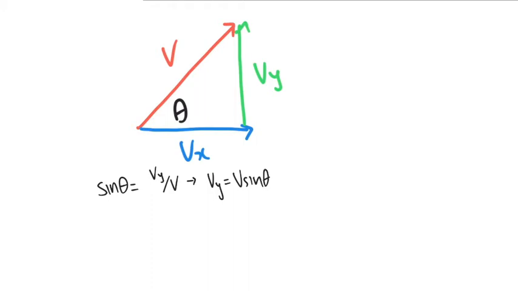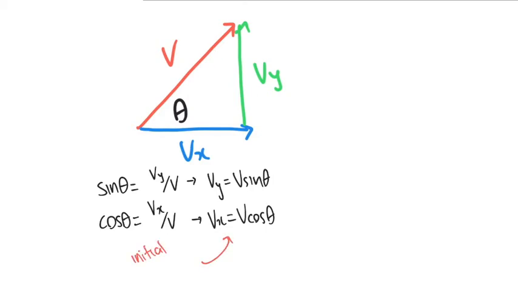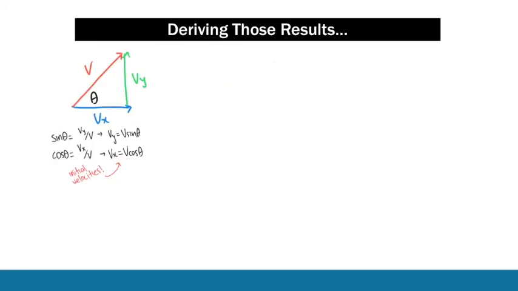In a very similar way, if we take the cos ratio, we get Vx on V, which implies that Vx is equal to V cos theta. These represent the initial velocities, so when we launch the projectile, these are the velocities it has in the horizontal and vertical directions. With this in mind, we can now derive the results as we need them. I'll just leave that on the side there.